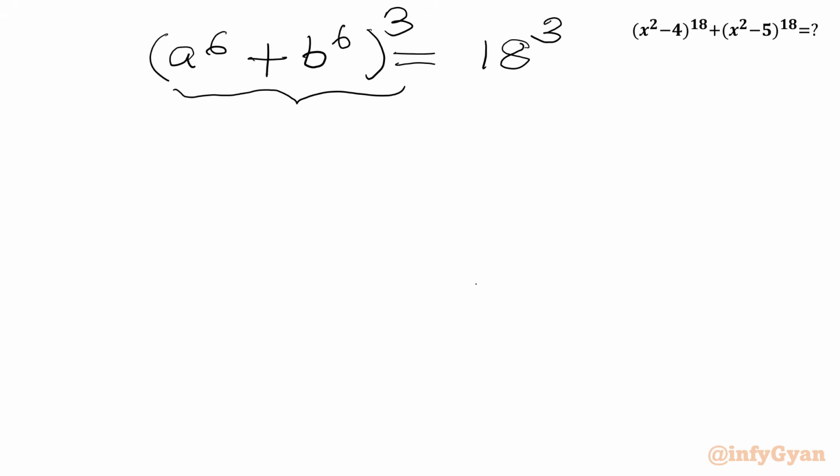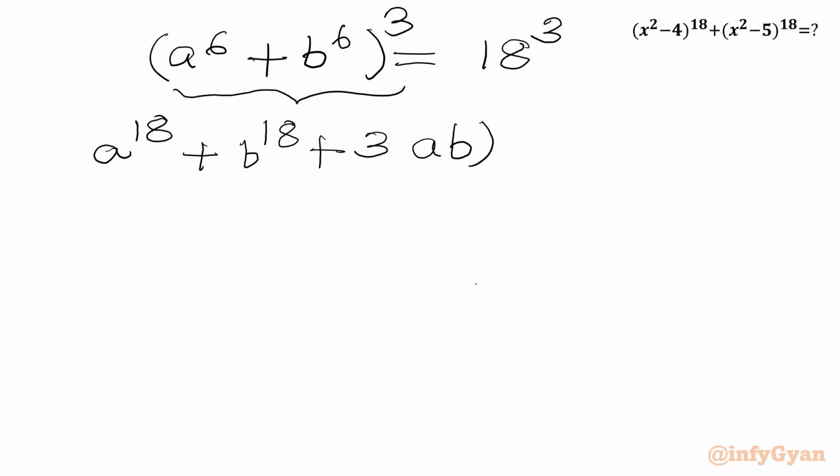A power 6 whole cube, a power 18 plus b power 6 whole cube, b power 18 plus 3 times a power 6 b power 6, which can be written as ab whole power 6 times a power 6 plus b power 6 equal to 18 cube.